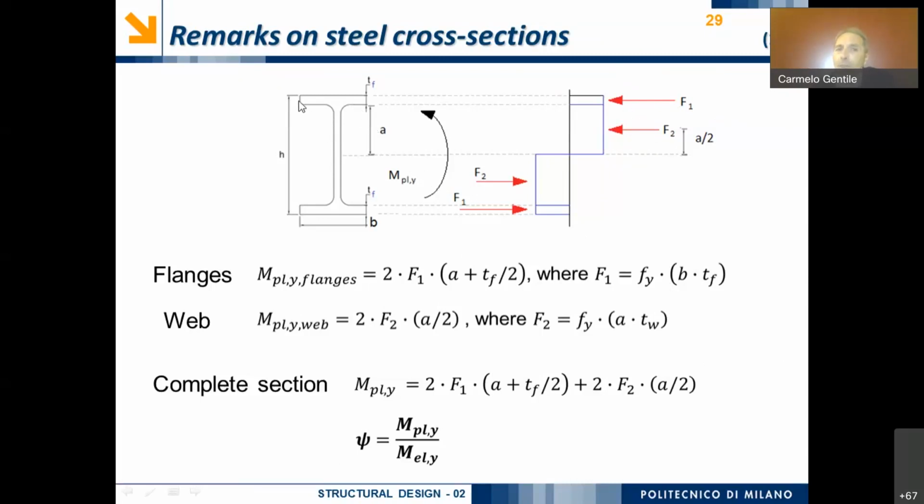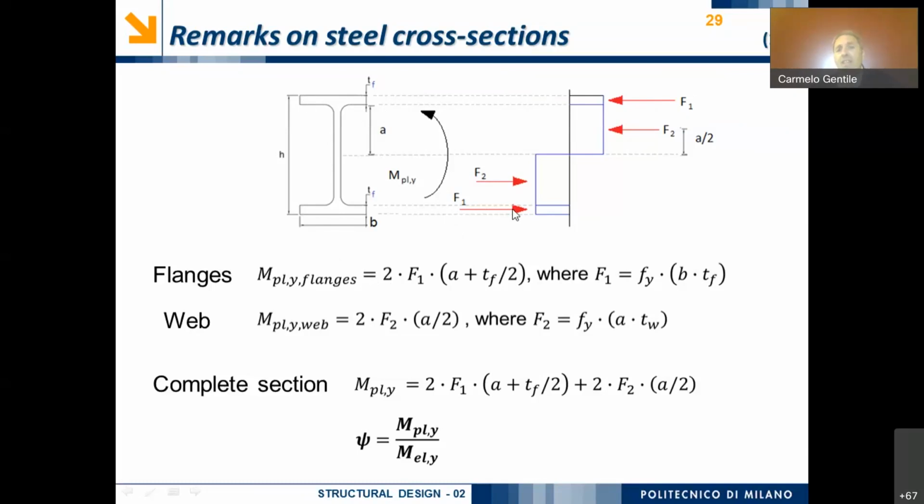For example, if I want the resultant F1, I have to compute just the area of the flange, okay? And so if I want the plastic bending moment which is carried by the flange, I have to multiply the value of this force F1 by the distance between the two forces F1.